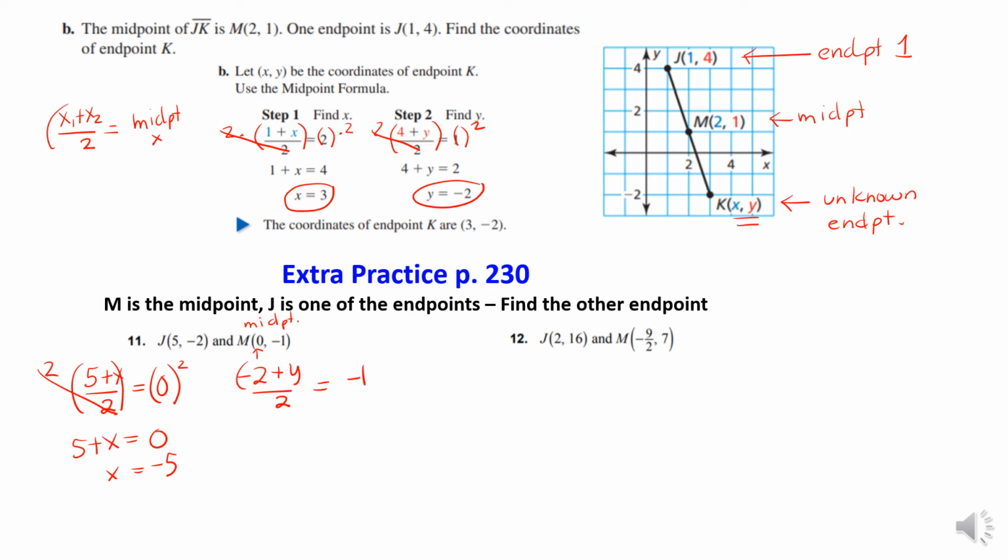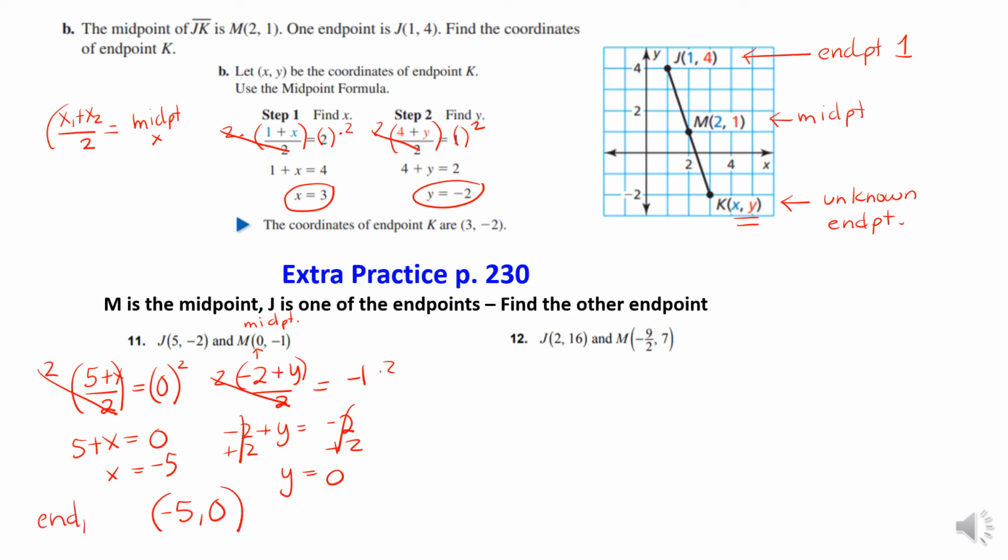Again, I'm going to protect my numerator, multiply both sides by 2. Those cancel. I get negative 2 plus y equals negative 2. I'm going to add 2 to both sides. Remember, don't be afraid of 0. y equals 0.